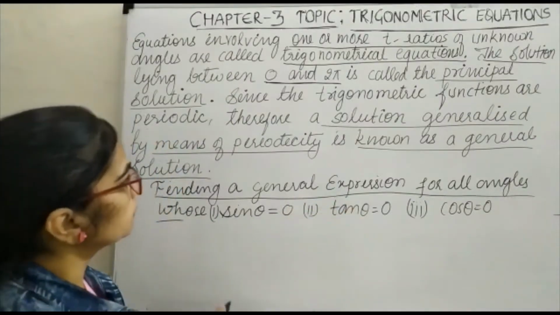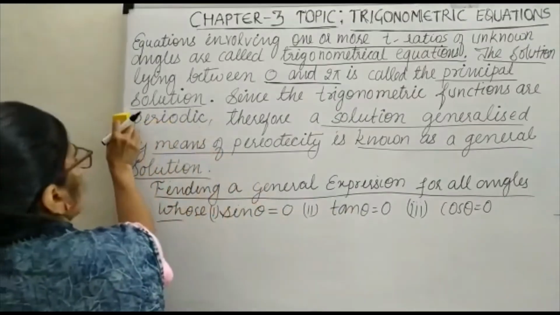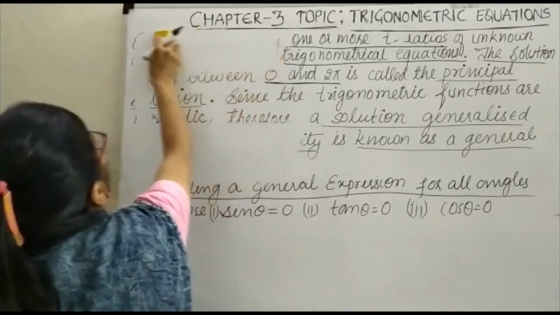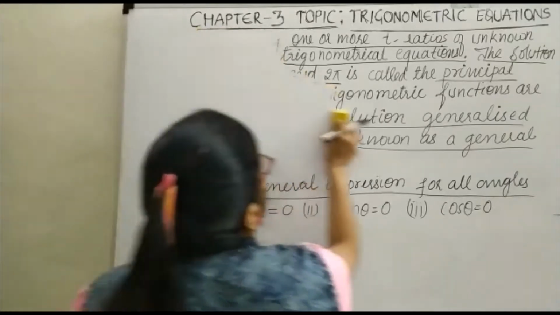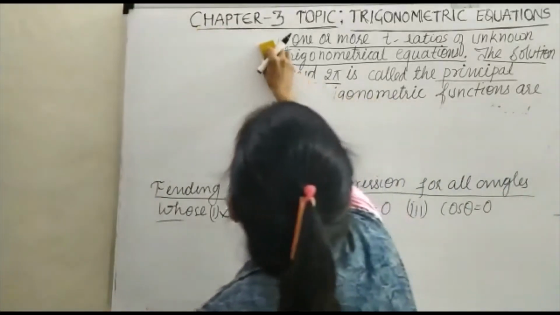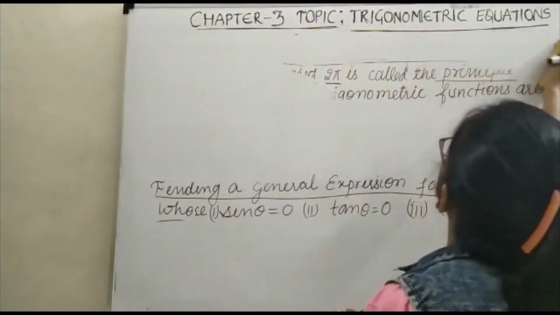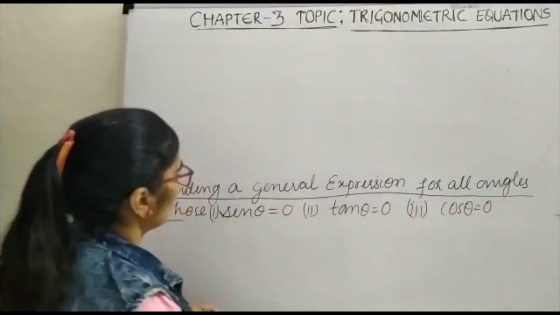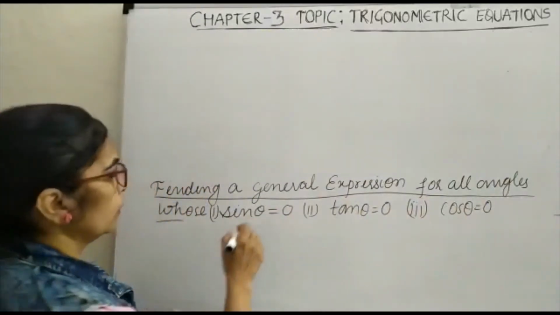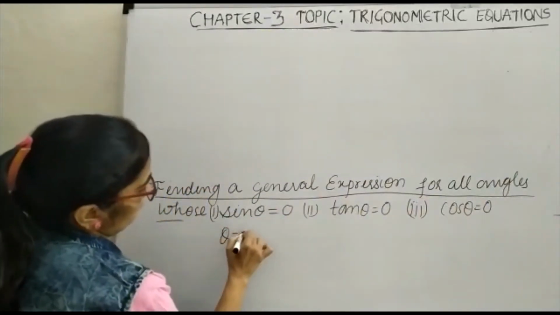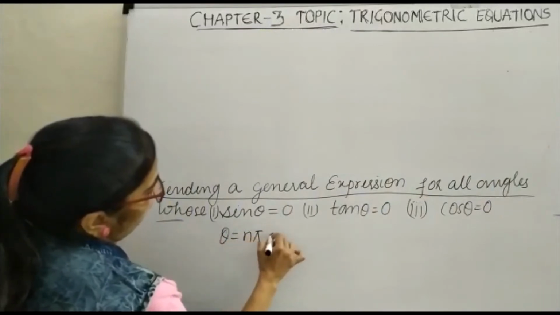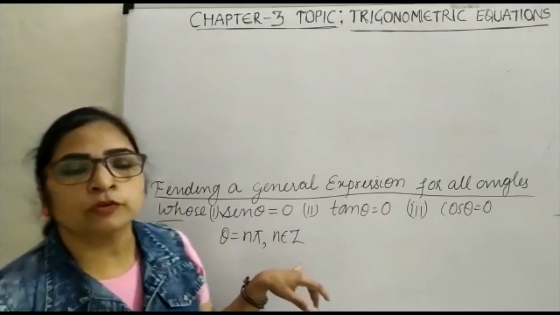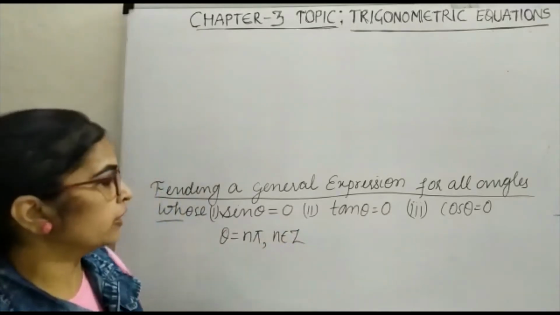Now let us see here. If sin theta is 0, then theta is equal to n pi, where n belongs to Z. That is, n belongs to Z means Z is a set of integers.